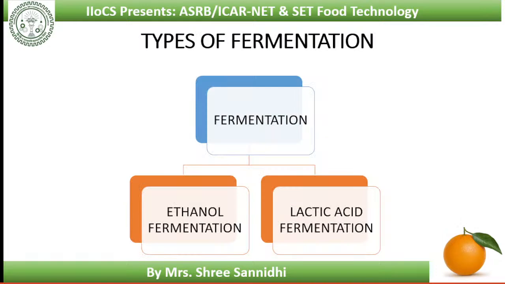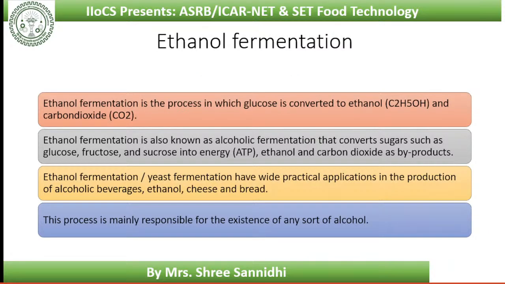The two types of fermentation which we use commercially are ethanol fermentation and lactic acid fermentation. Let us see ethanol fermentation. Ethanol fermentation is the process in which glucose is converted to ethanol and carbon dioxide.